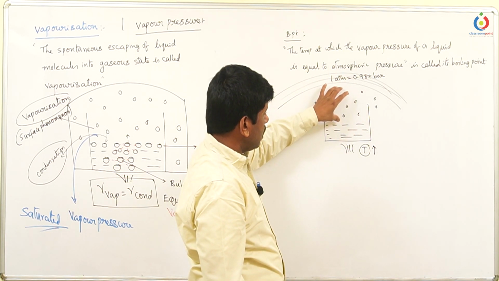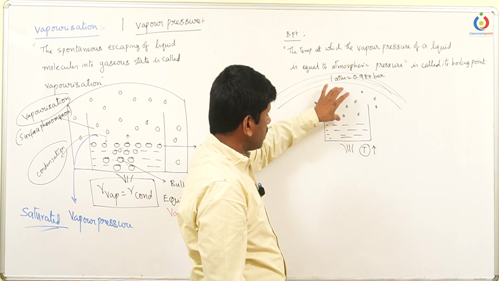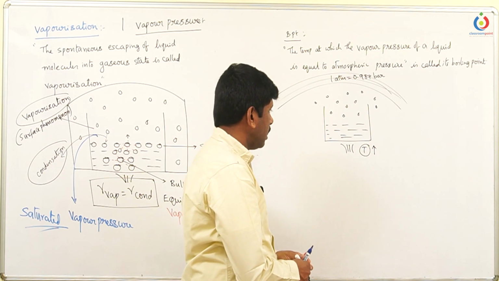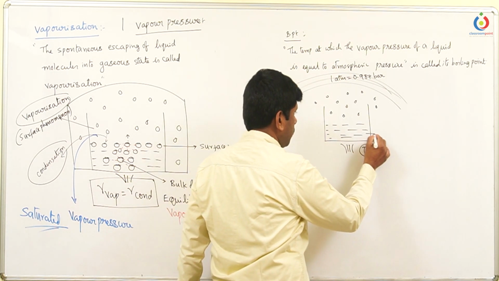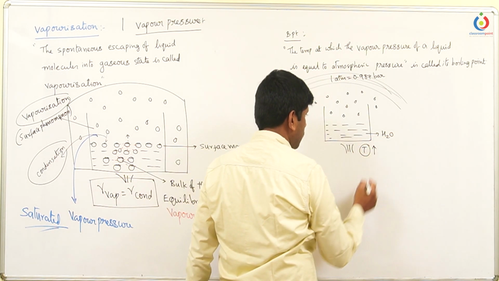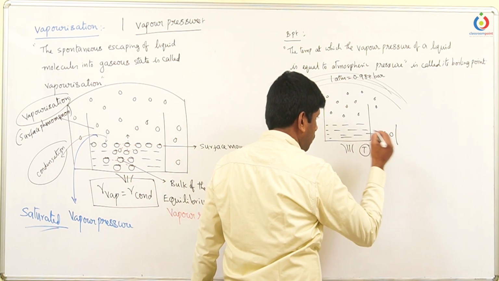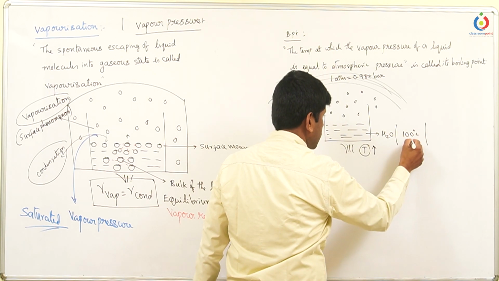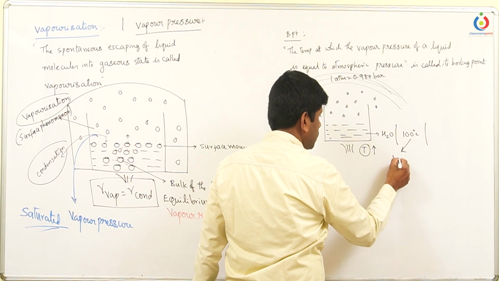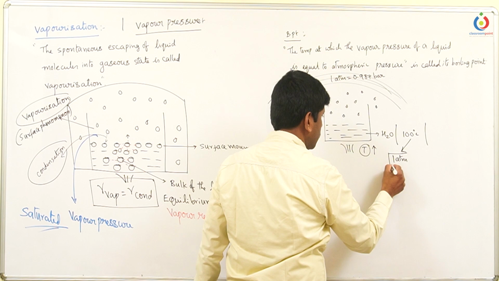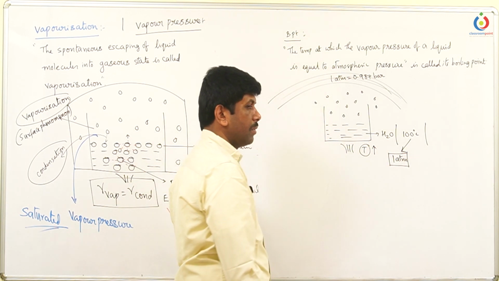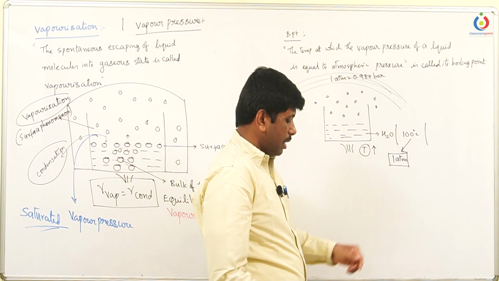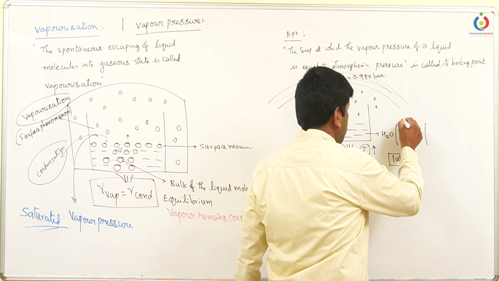Whenever the pressure generated by the vapor is equal to atmospheric pressure, we say that the liquid starts boiling. For example, let us take the water in this container. This water boils only at 100 degrees centigrade, because at 100 degrees centigrade its vapor pressure is equal to 1 atmosphere. That is the reason why 100 degrees centigrade is known as the normal boiling point of water.